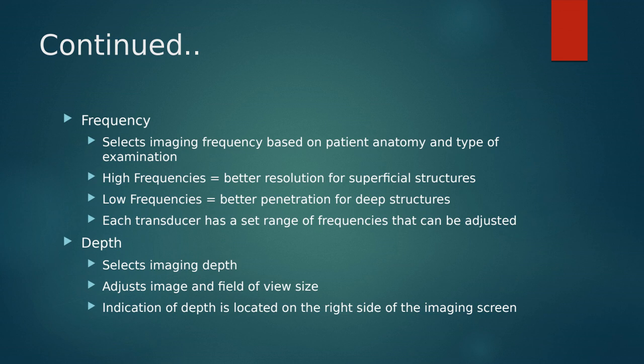So moving into more of our initial really important controls that we are adjusting very, very frequently, our frequency and our depth. So our frequency is going to be when we're selecting a transducer based on patient anatomy and the type of exam. Now, if we think back to lab, we even kind of go back a slide here.